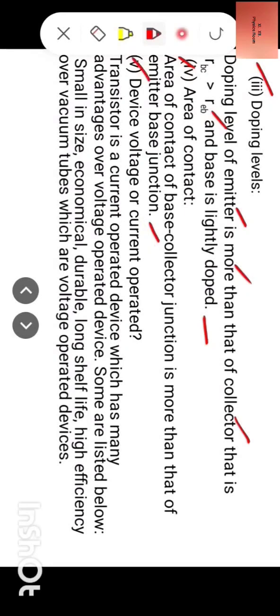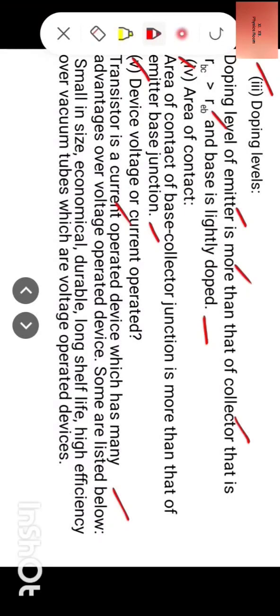Device voltage or current operated. So which kind of device is a transistor? Is it a voltage operated device or a current operated device? Now the transistor is a current operated device which has many advantages over voltage operated devices. Some of the advantages are listed below.